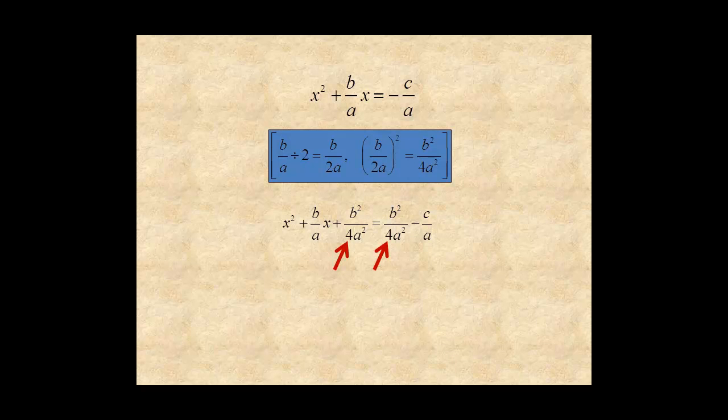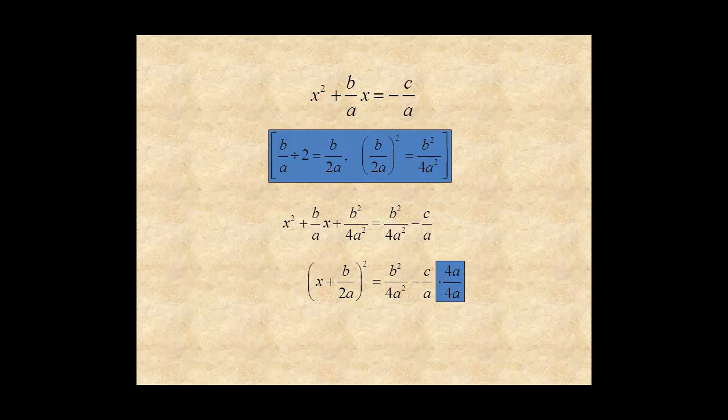Then on the left side of the equation, this quadratic expression factors as x plus b over 2a squared. On the right, you want to add these two terms together. In order to get a common denominator, multiply the second term by 4a over 4a.